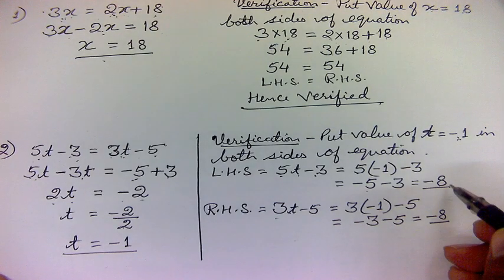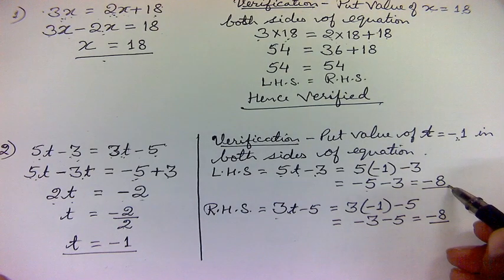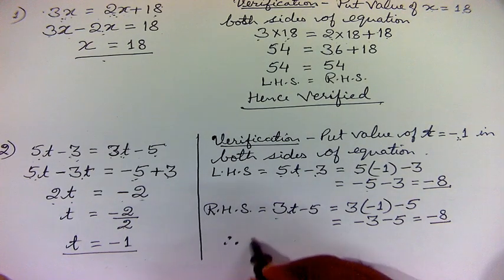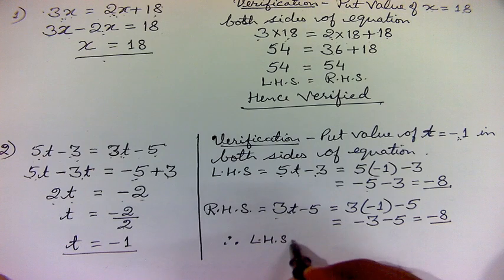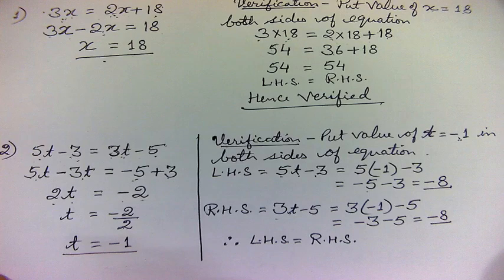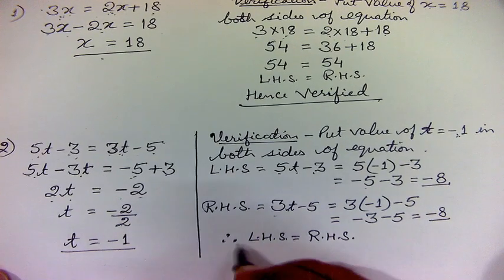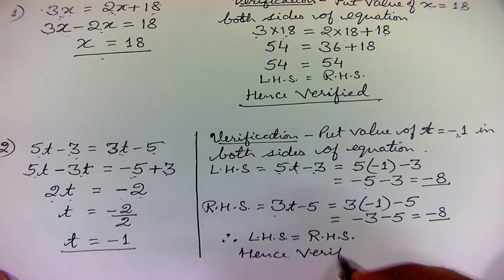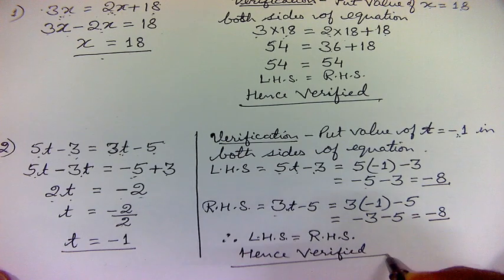So you can see here that left hand side the value is minus 8, right hand side the value is minus 8. Therefore left hand side is equal to right hand side, and if both the sides are equal, then it means we have verified our result and it is right.